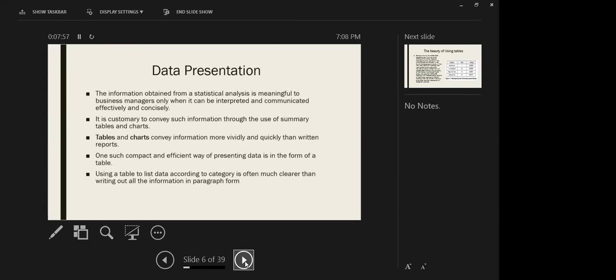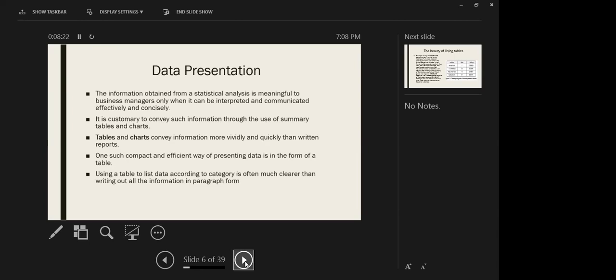So the information obtained from a statistical analysis is meaningful to business managers only when it can be interpreted and communicated effectively and concisely. So it is customary to convey such information through the use of summary tables and charts. That's where the issue of a frequency table, a histogram from unit 1, or an Ogive curve comes into play.